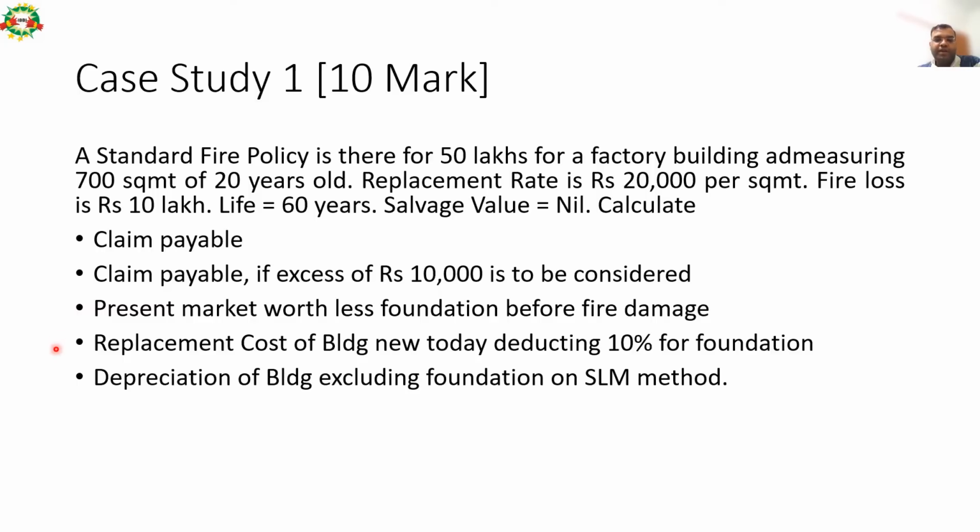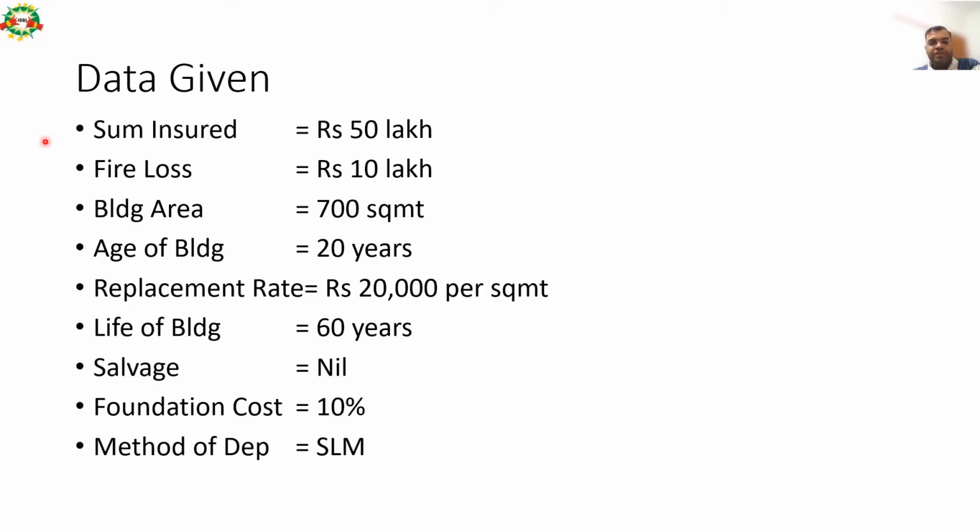Replacement cost of the building new today, deducting 10% for foundation, and depreciation of the building excluding foundation considering the SLM method. I always say first write down the data, whether it is relevant for the question or not, and try to group the data into various small groups.